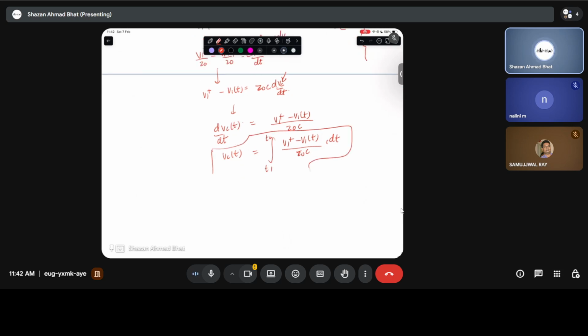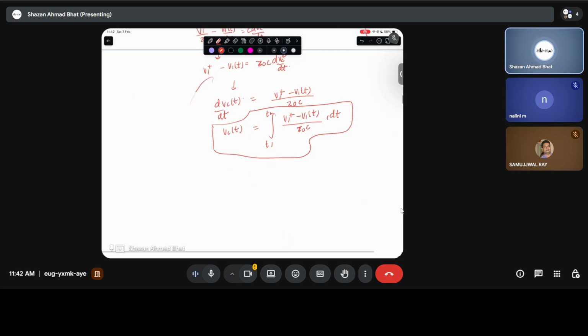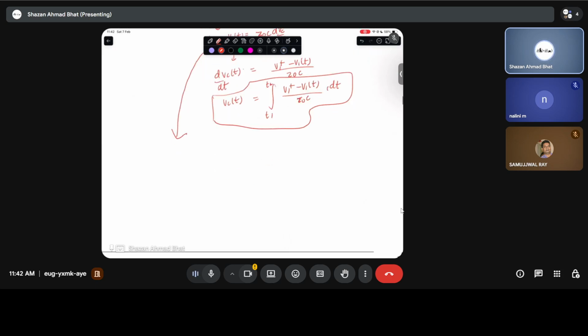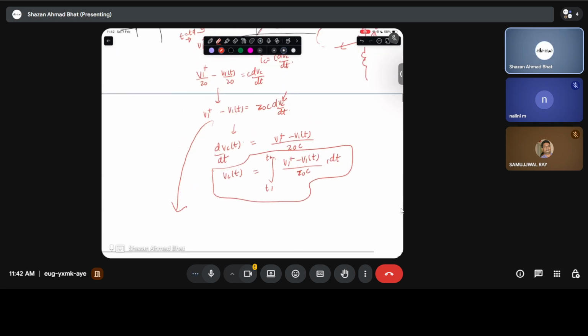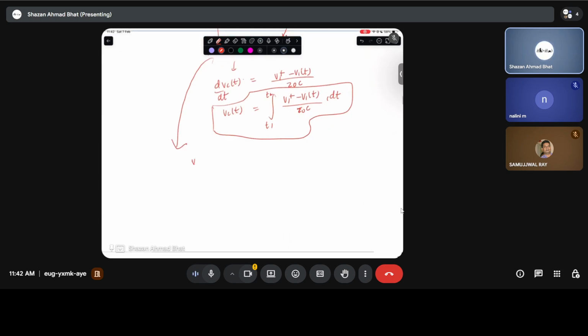This is the exact thing you can solve, or you can even solve a differential equation, which will be something like V1 plus equals Z naught C dVC divided by dt plus VC of t.